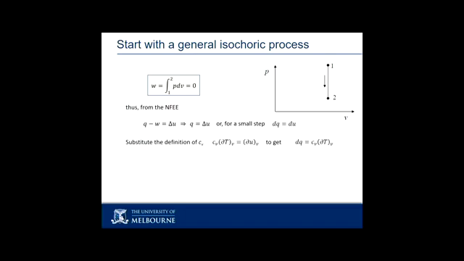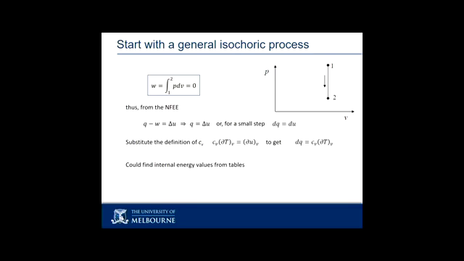If I take my definition of CV, so at the moment I haven't really done anything, I've just allowed a concept to exist that says this letter CV is the change in internal energy for the change in temperature. If I plug that in, I get dQ equals CV dT, with the partial differential on dT.